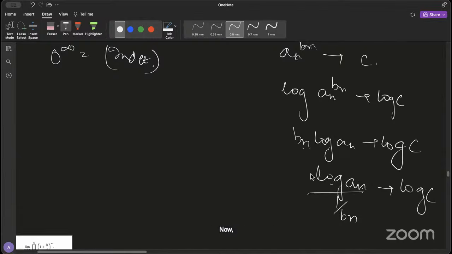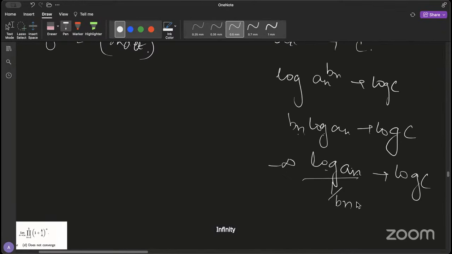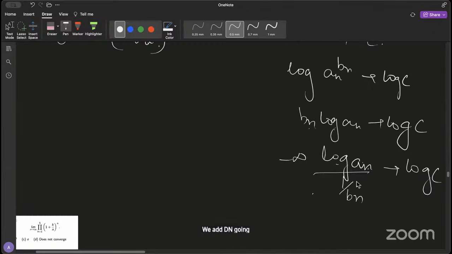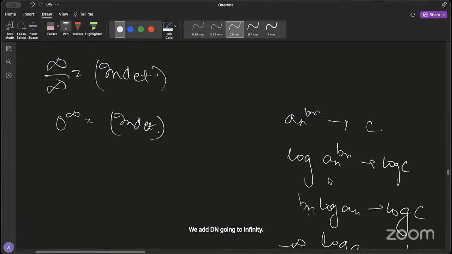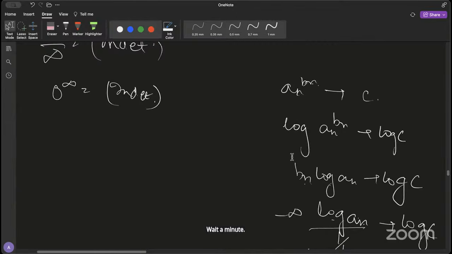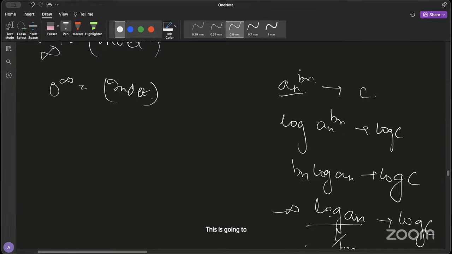Now, what is this? This goes to minus infinity. If an goes to 0, log an goes to minus infinity. And if bn goes to infinity, 1 by bn goes to 0, is it? Wait a minute. This is going to 0, this is going to infinity.